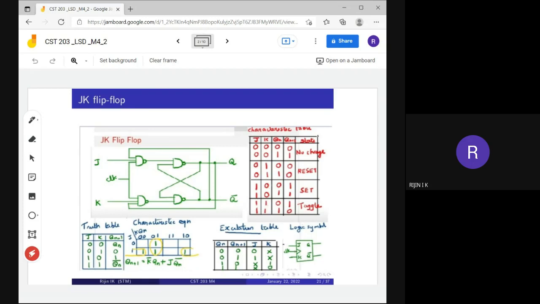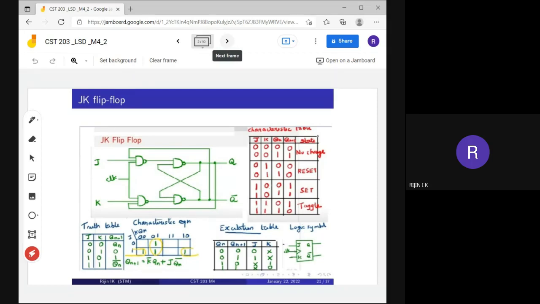In a single clock pulse itself, it will be in a toggle state. And that situation we call a race condition.